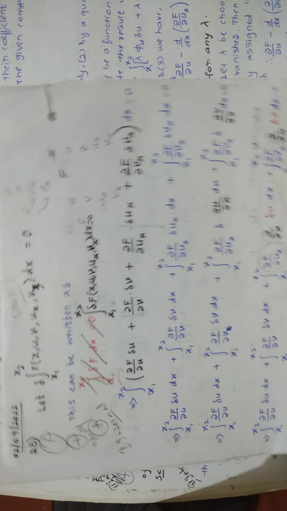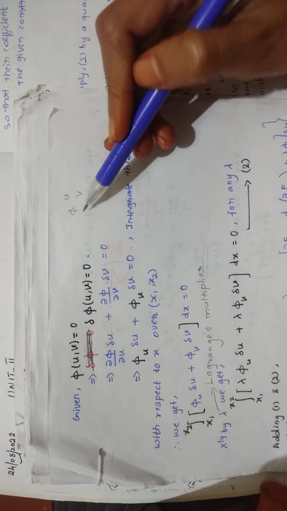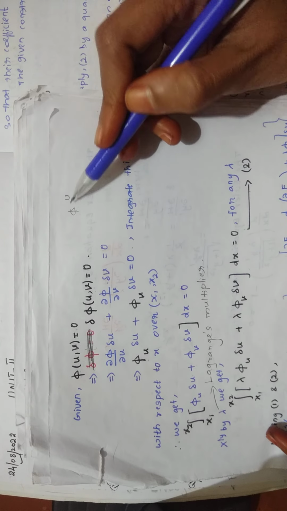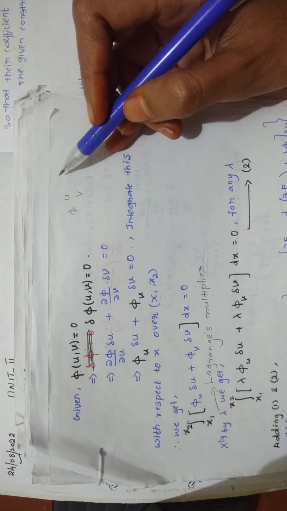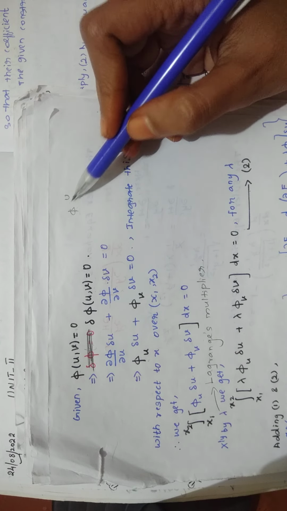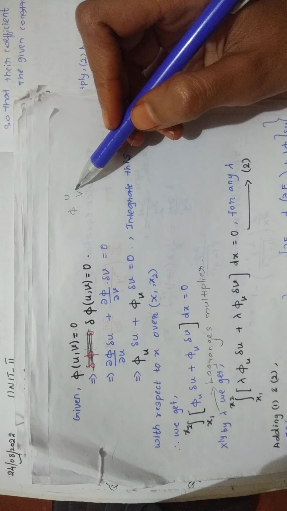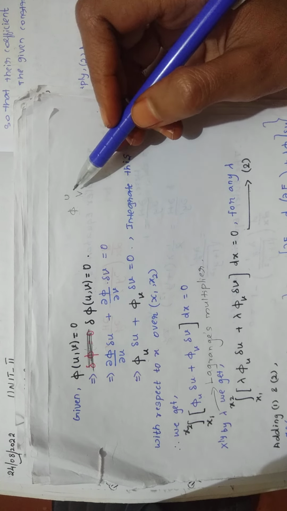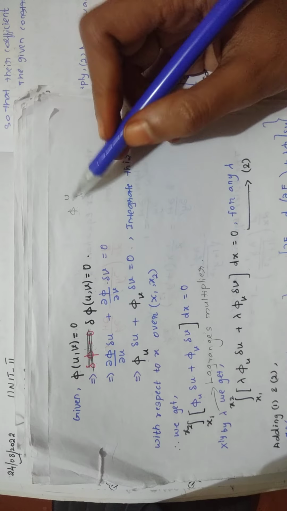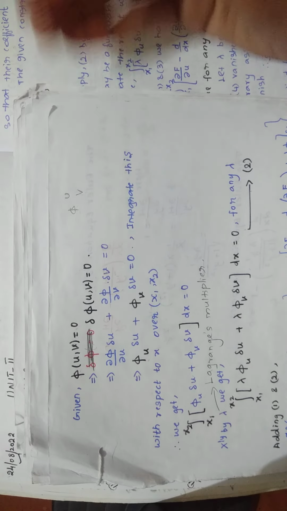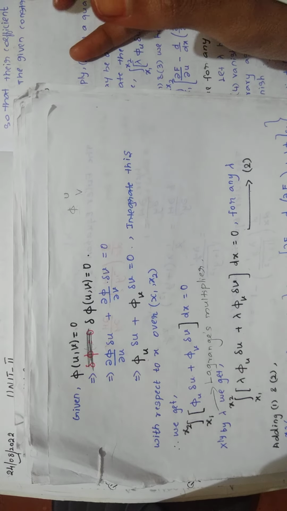Just write pi here, and u and v near to this. To make it easy, you can write this step on the side of your paper.